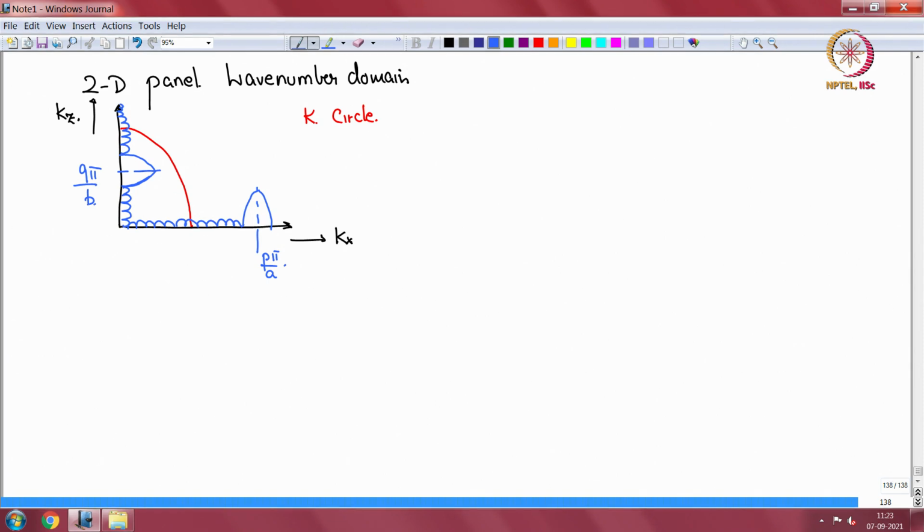So this is a case where K happens to be greater than q pi by b, but less than p pi by a. Which means lambda is less than lambda z, the structural wave number, and lambda is greater than lambda x, the structural wave number.